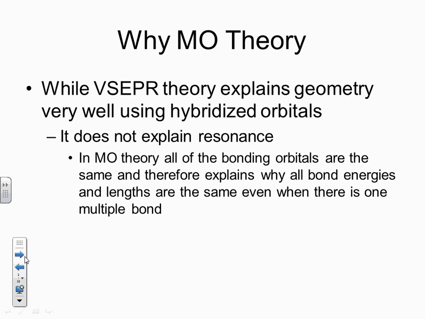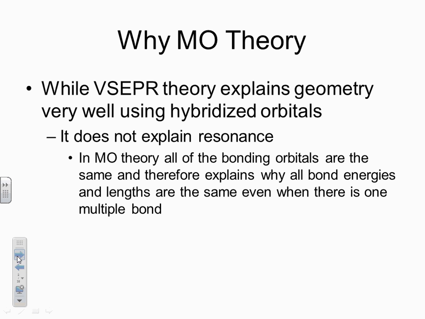But in molecular orbital theory, all of the bonding orbitals are the same, so there is no double versus single bond. And because all of the bonding orbitals are the same, they would all have the same energy and the same length. So there is no difference in a single bond or a double bond or a triple bond in molecular orbital theory.